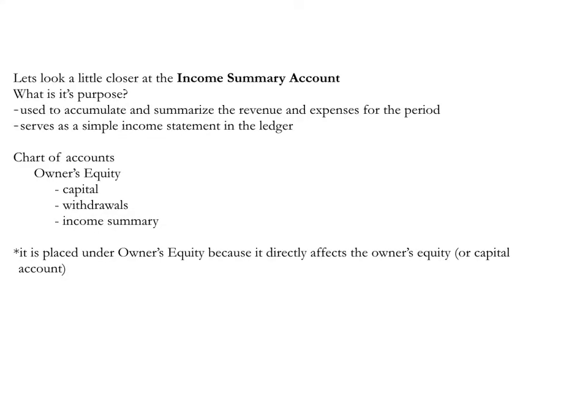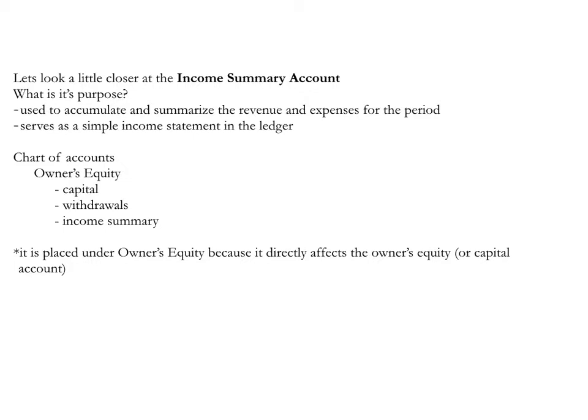So first, let's look a little closer at the income summary account. What is its purpose? It's used to accumulate and summarize the revenue and expenses for the period, and it serves as a simple income statement in the ledger. So you can look at the income summary account in the ledger and see very quickly what our net income or net loss is.